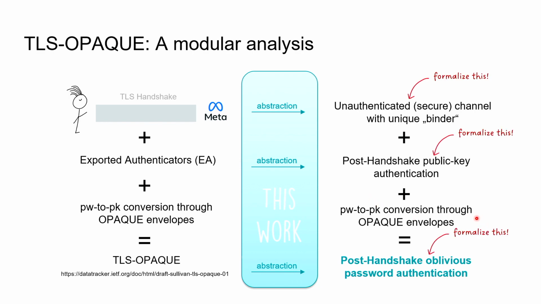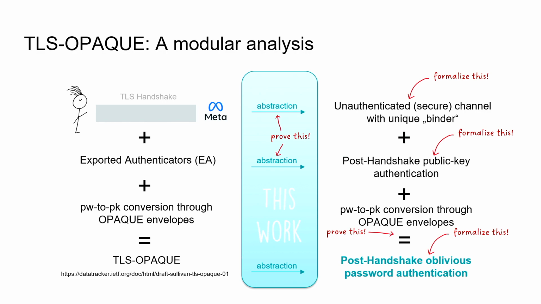Okay, so to prove the security of TLS-OPAQUE, first we have to formalize these building blocks, and we also, of course, have to formalize what we want to achieve in the end. So what is actually post-handshake oblivious password authentication? And then for the proof, we completely ignore the left-hand side of the slide, the blue box and the actual TLS-OPAQUE protocol, and you just look at the right-hand side, where you have these abstract building blocks that are much easier to deal with than protocol transcripts and messages and actual instantiations and groups.